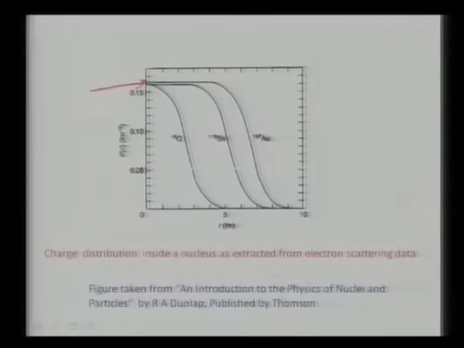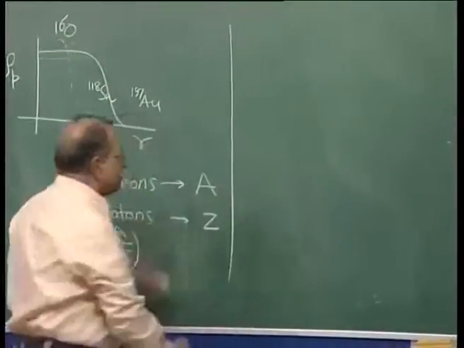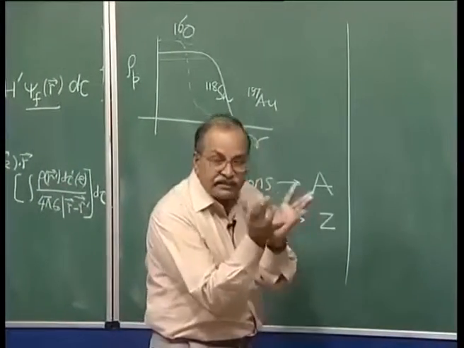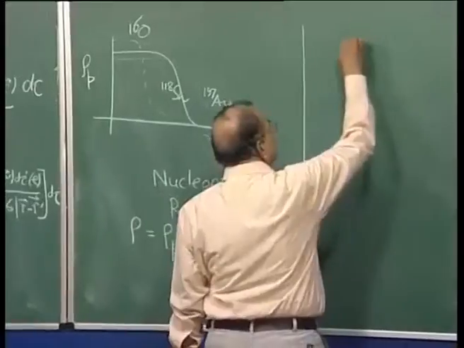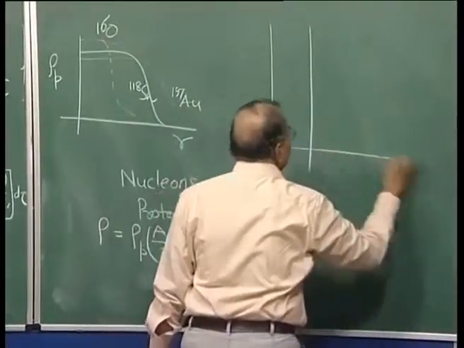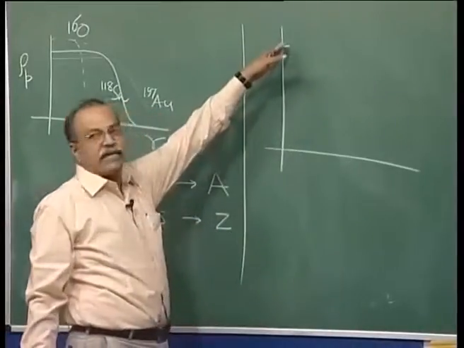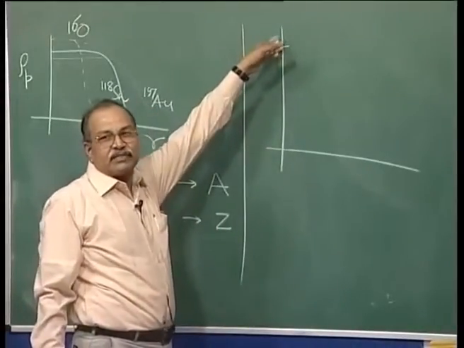This is the number of nucleons per femtometer cube, 0.17, and then you have the general appearance. So when you write how mass is distributed in the nucleus, you find that independent of which nucleus you are talking about, this is almost the same. There is a slight difference, but it is almost the same.